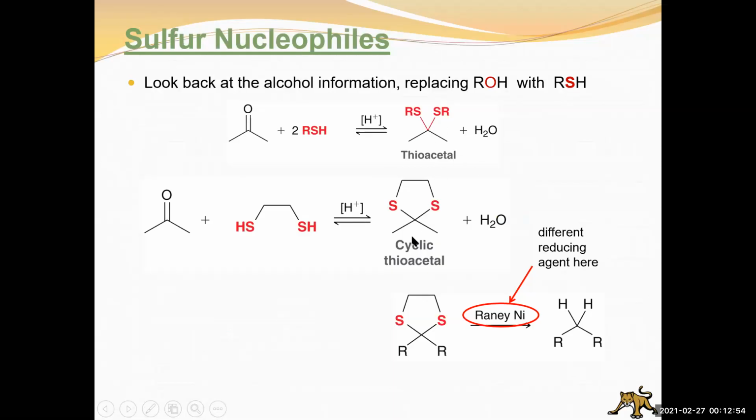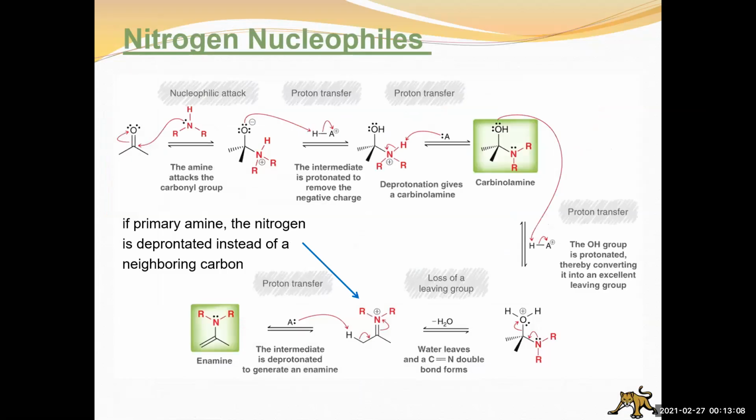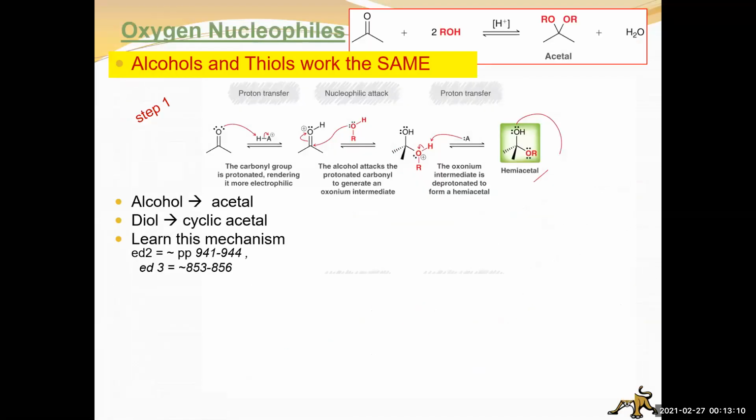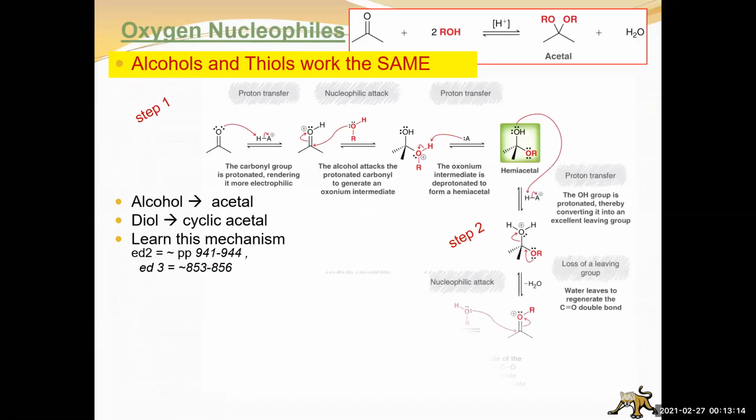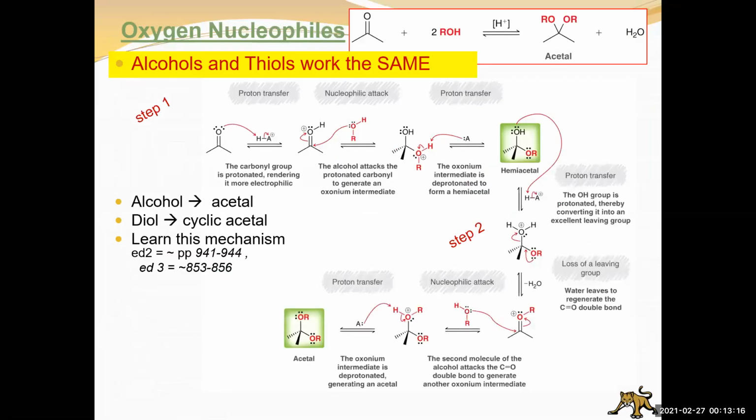If it was a dithiol, right, where you have 2 sulfurs on there. Then you form the cyclic compound, just like we talked about earlier when we said, what was that? Was it here? No, I think it was on this slide. Yeah, it was on this slide.